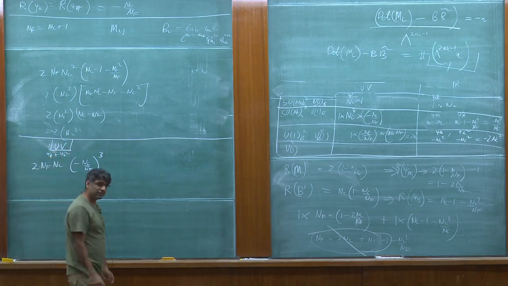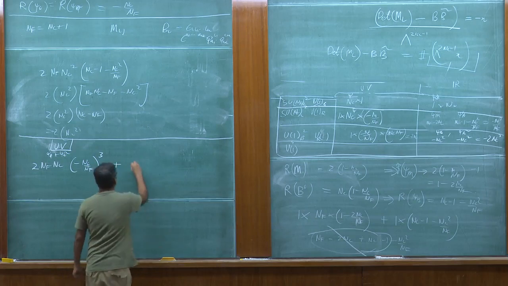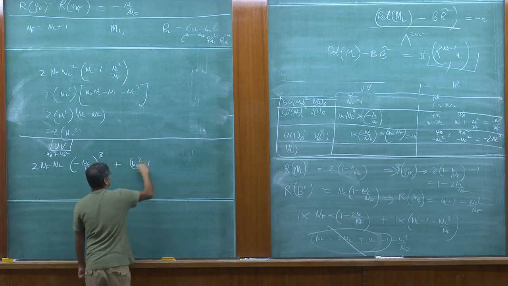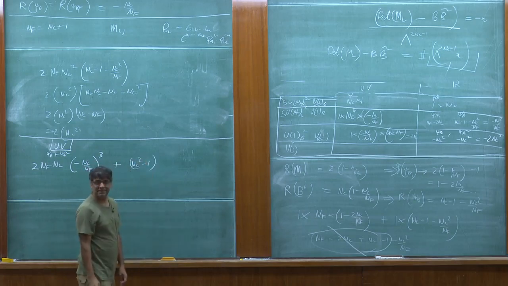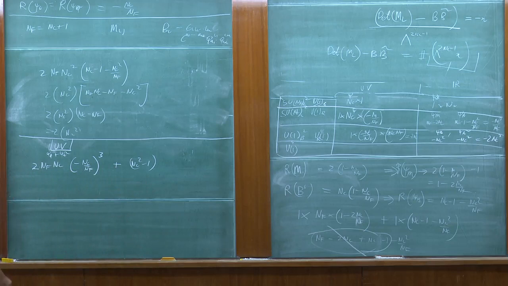Then there's the contribution from the gauginos, lambdas. How many gauginos were there? Nc squared minus 1. They carry R charge 1. 1 cubed is 1. So that's it. Okay? So the UV contribution is this. Let's simplify it.